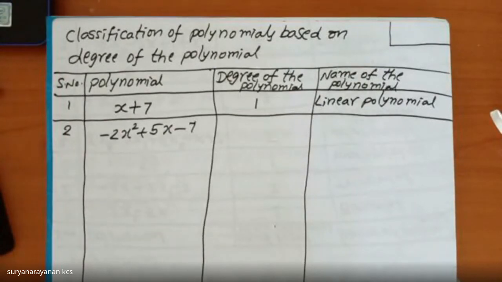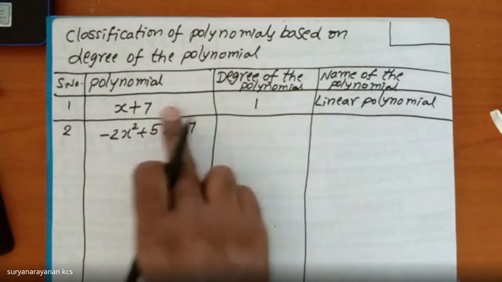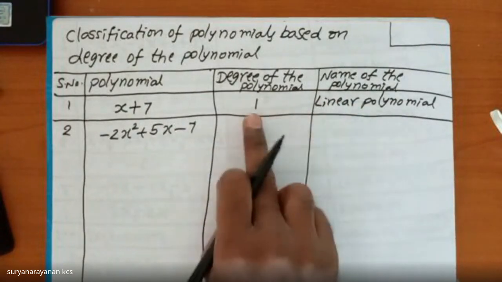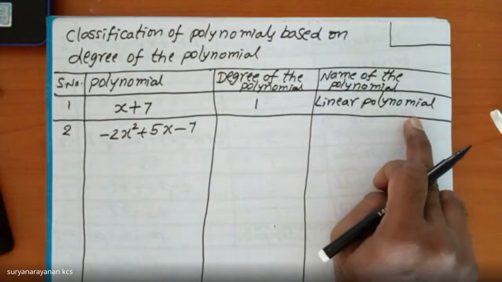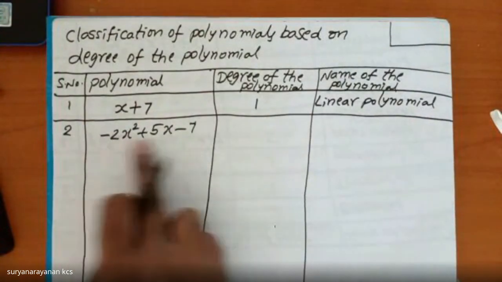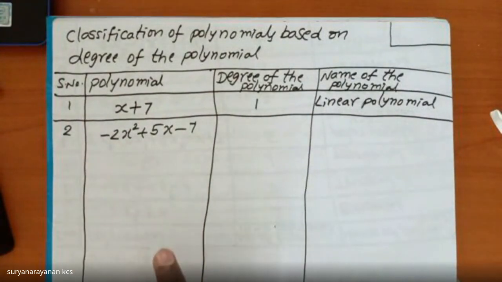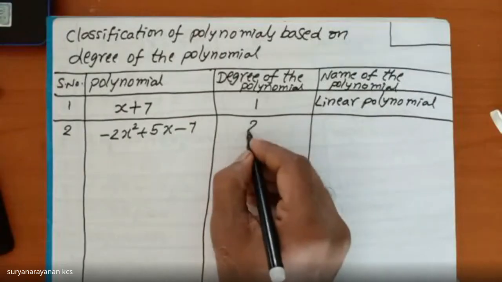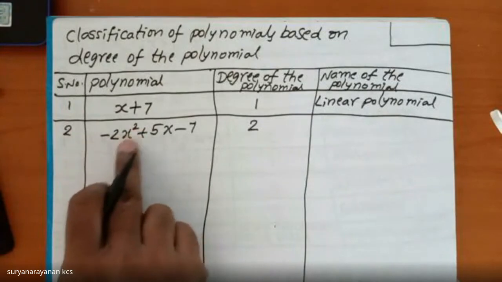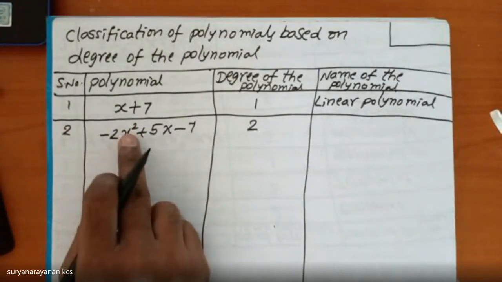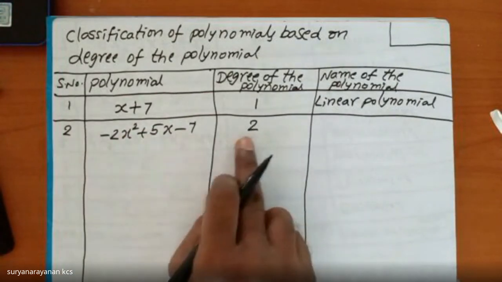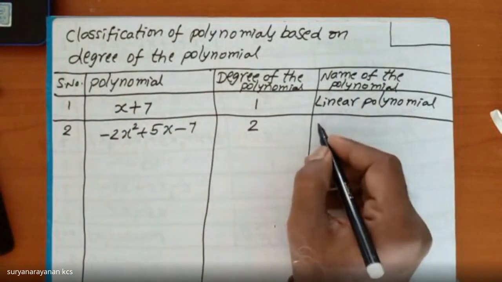Based on the degree of a polynomial, we do the classification. This is the classification of polynomials. If the degree of the polynomial is 1, that is called linear polynomial. What is the degree of this polynomial? Sir, 2. Highest exponent of x, or highest power of x, is 2. So this polynomial is called quadratic.